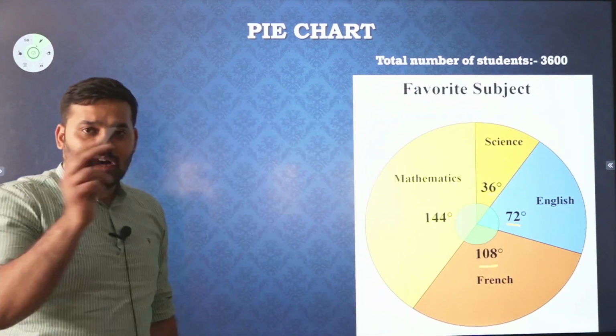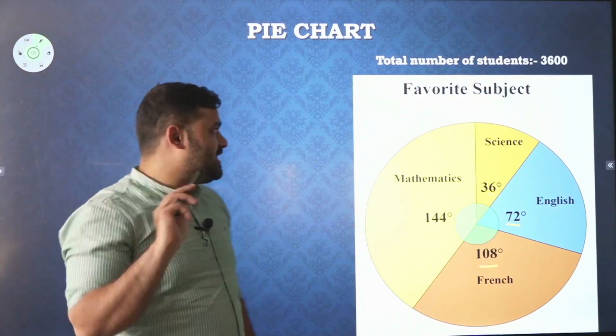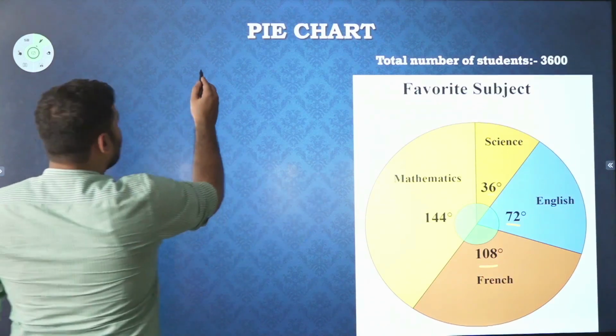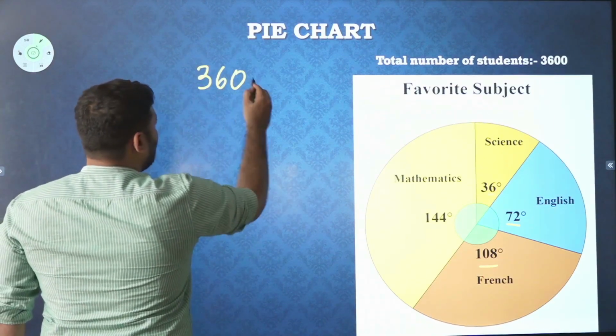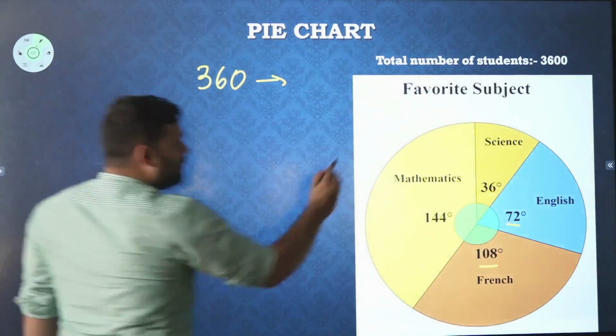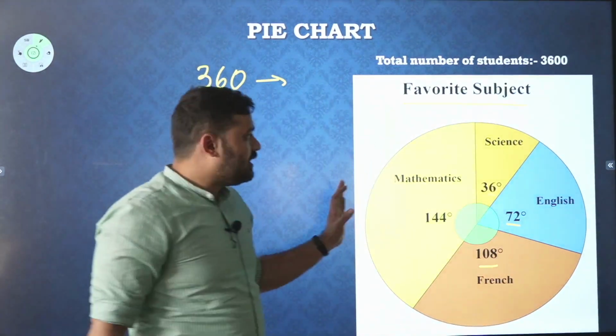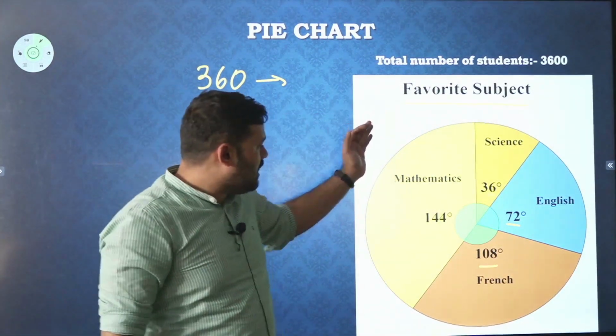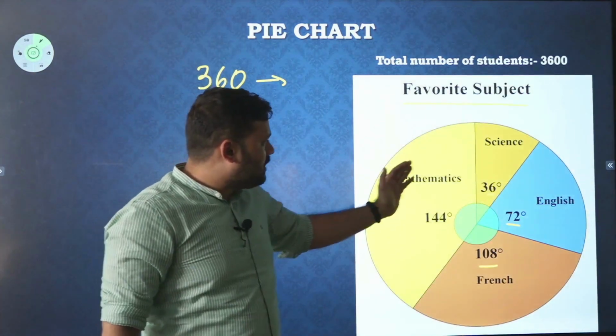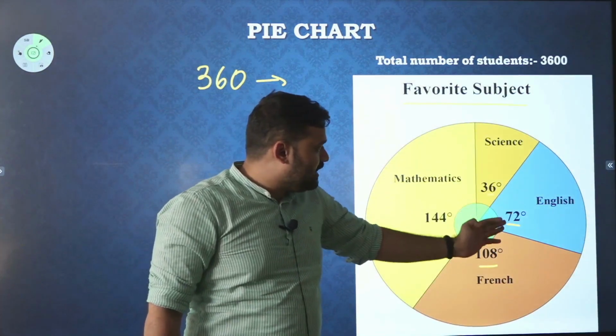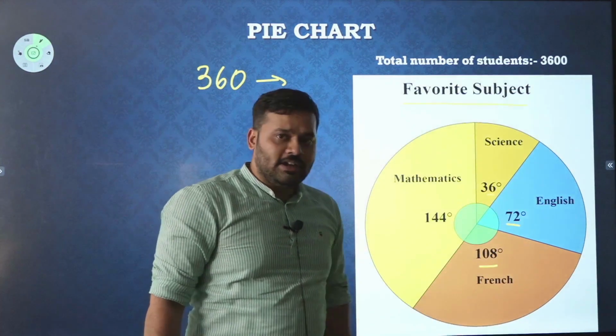So you know that a complete circle will have 360 degrees. So can I tell this 360 degrees will be equal to the total, that is favorite subject. Here in this particular context, they have given favorite subject: 144 degrees mathematics, 36 degrees science, 72 degrees English, and 108 degrees French.